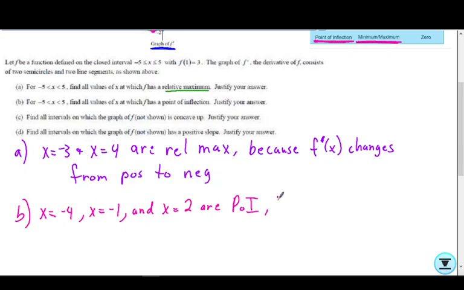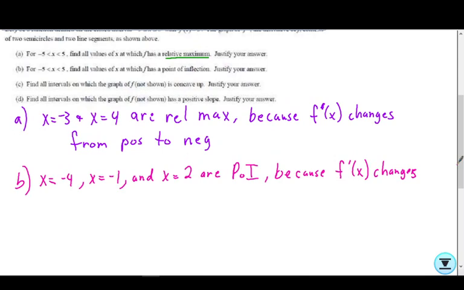Why are they points of inflection? Because f prime of x changes from increasing to decreasing or decreasing to increasing.